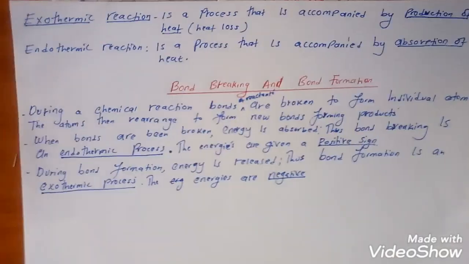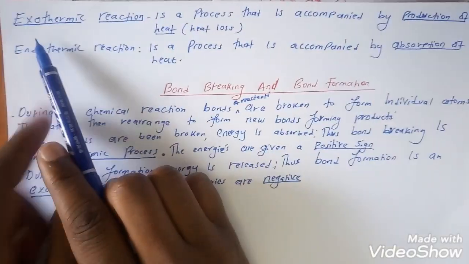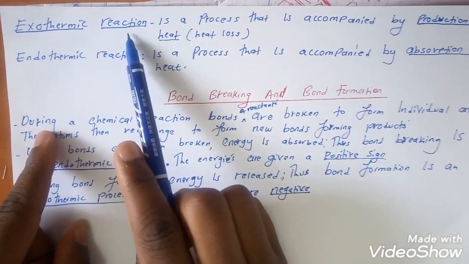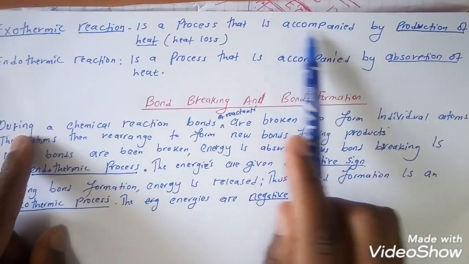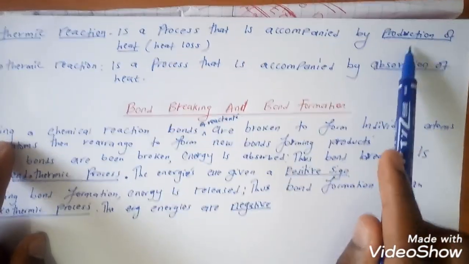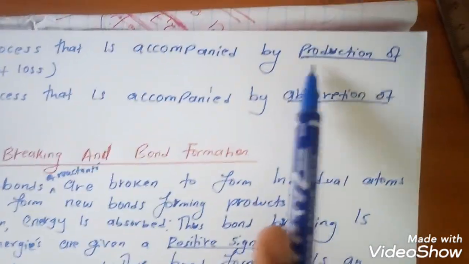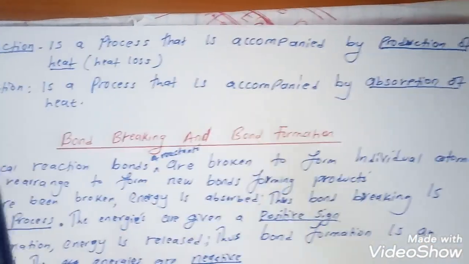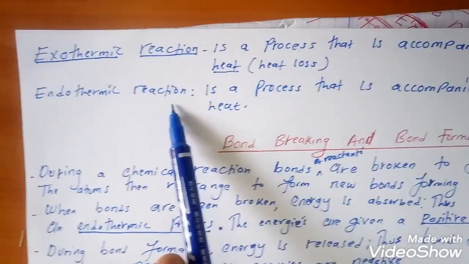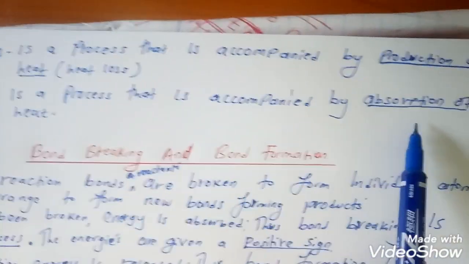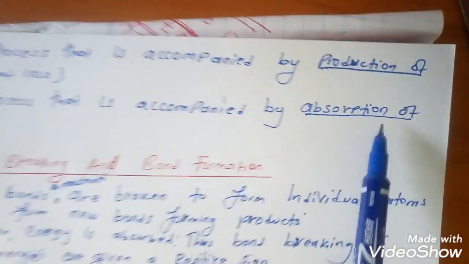So last time we looked at the definition of an exothermic reaction, and we said that an exothermic reaction is a process that is accompanied by production of heat energy, while an endothermic reaction is a process that is accompanied by absorption of heat.